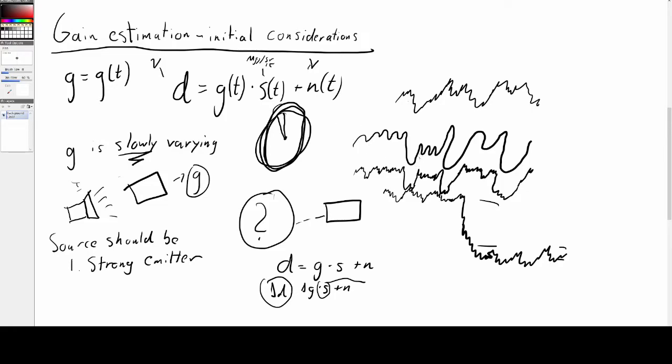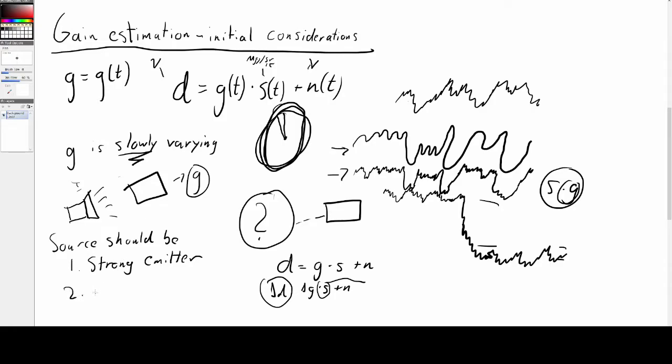And so we could use this information here to disentangle this and to know exactly which part of this is signal and which therefore must be signal times gain, and thus we could solve for the gain.